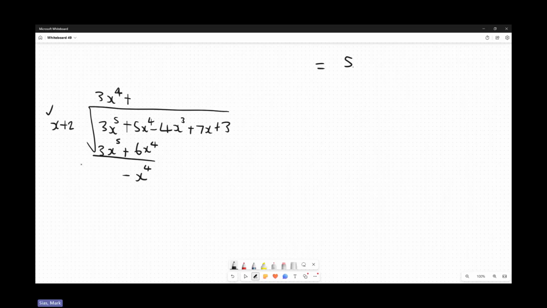Great. Now x goes into minus x to the 4 minus x cubed times, right? And then I multiply again. Minus x to the 4 minus 2x cubed. In the meantime, I can bring the minus 4x cubed down. See, I can bring that down.